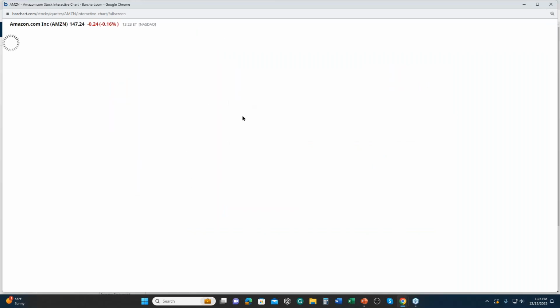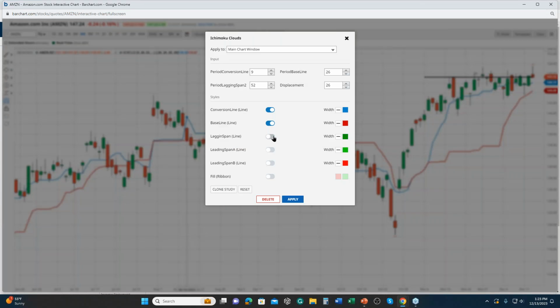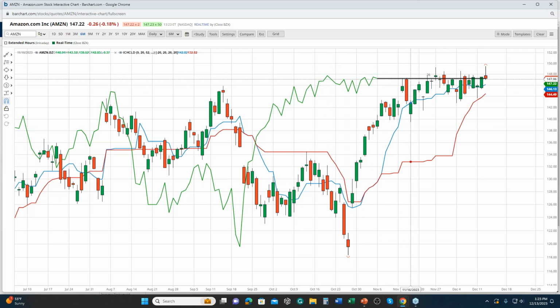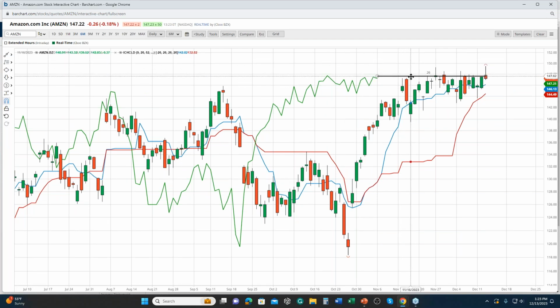So let's go back to Amazon, and we're going to add back our lagging line. Again, what I have here is that 26 period. Here's current price. Here is the lagging span, this evergreen line, and currently it's above the price from 26 periods ago.